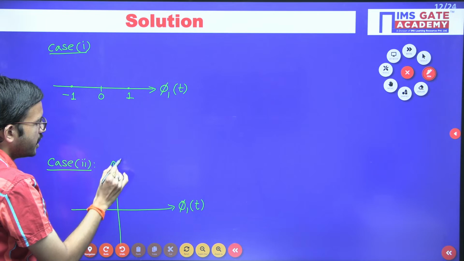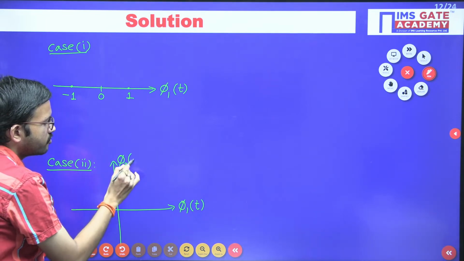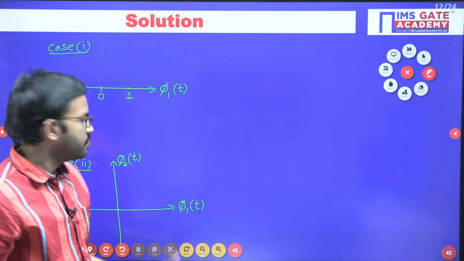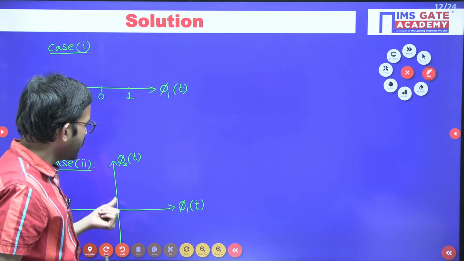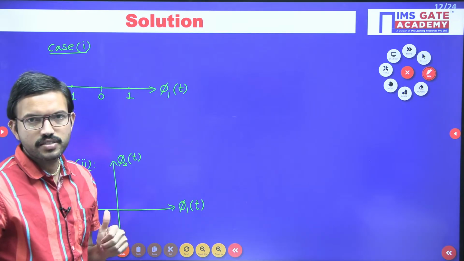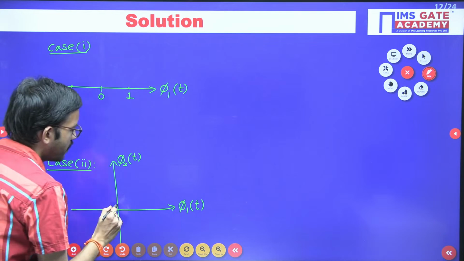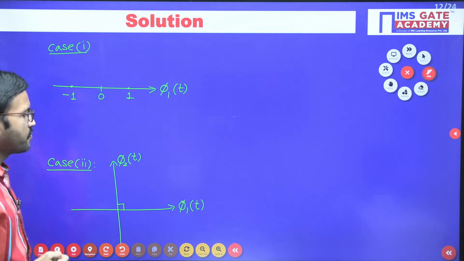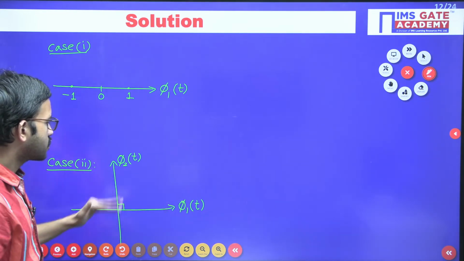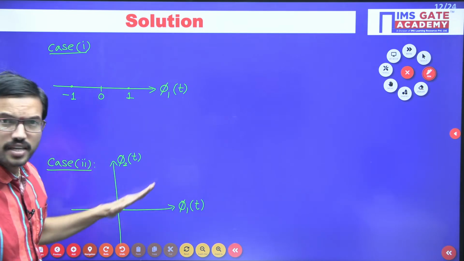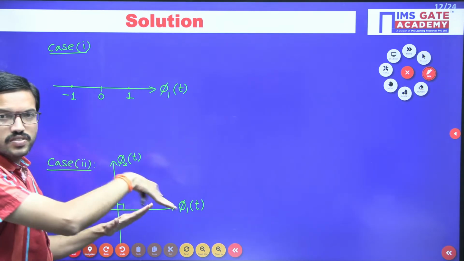In the question they have mentioned phi 1 of t, phi 2 of t are orthonormal. That means these two vectors are separated by an angle of 90 degrees. That's all. Here you are having a 90 degrees angle. For the timing I have considered it like this. Say for example, if you want phi 1 of t, you can consider it like this, but from there you can consider 90 degrees like that.